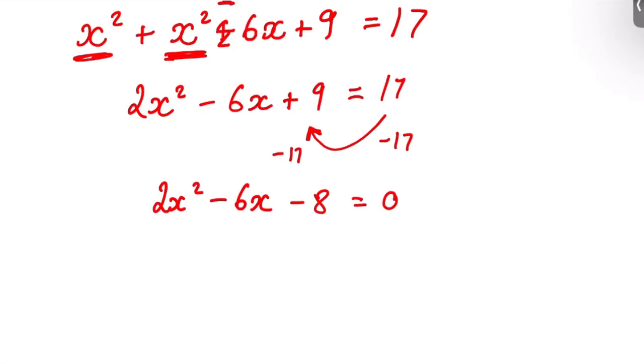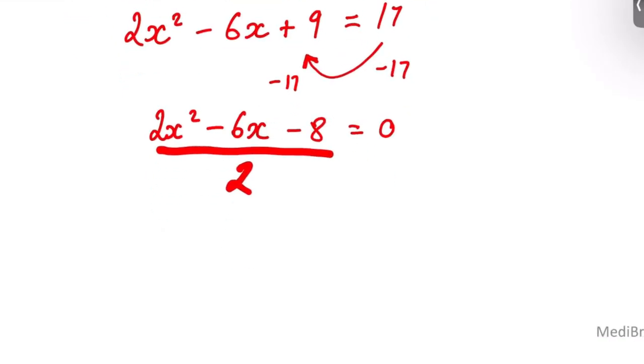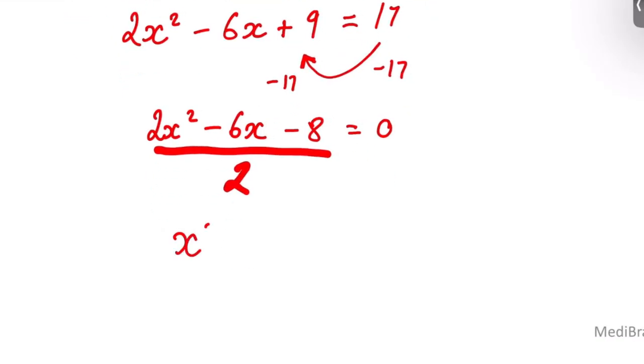Okay, now this over here, 2x squared minus 6x minus 8, all of them are multiples of 2. They're all in the 2 times table. So to simplify it down a little further, we can divide them by 2. So 2x squared divided by 2 is just x squared. 6x divided by 2 gives you 3x, so minus 3x.